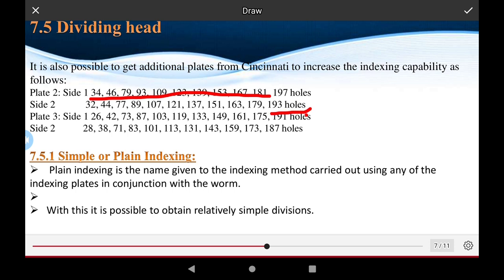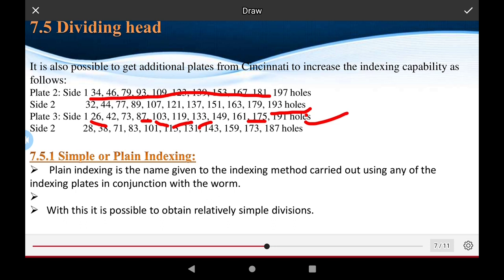Plate third side one has 26 and 42, 73, 87 and 103 and 119 and 133 and 149, 161 and 175 and 191 holes.